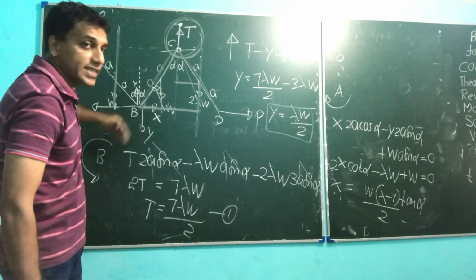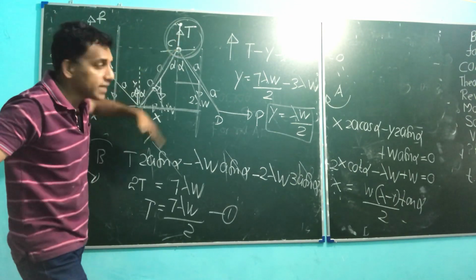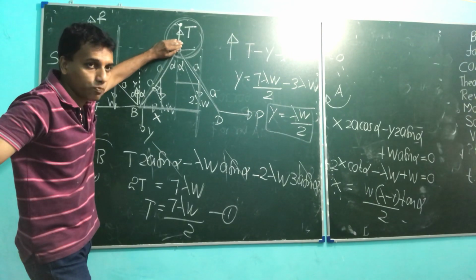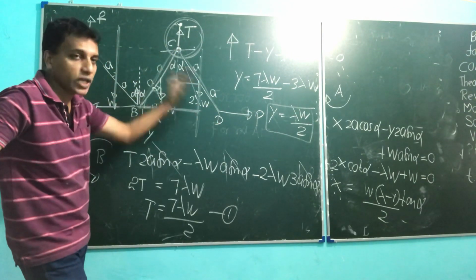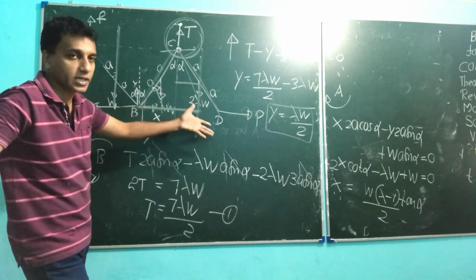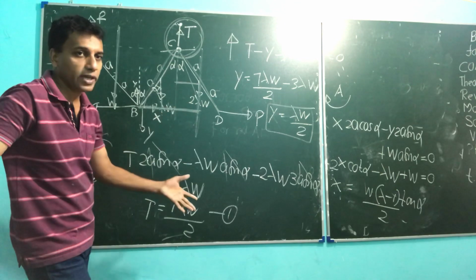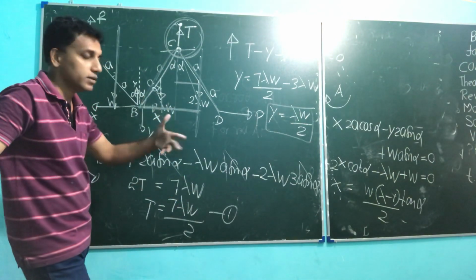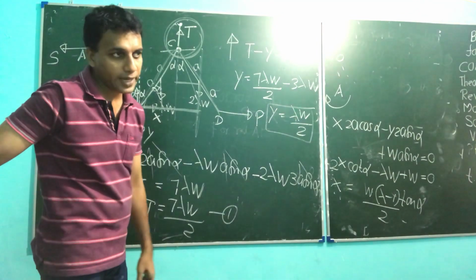For rod BC, take moments about C. X into some distance, y into distance, W into distance, not W, lambda W. You know x, you know y, you know weight. There's the equation, you can find the lambda.